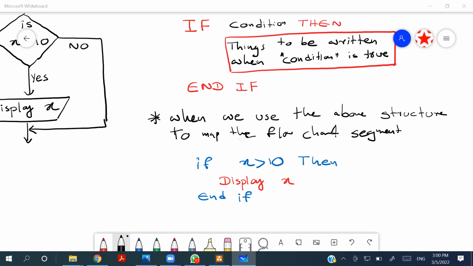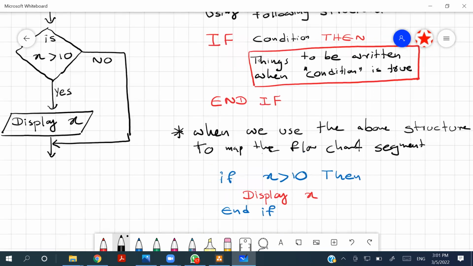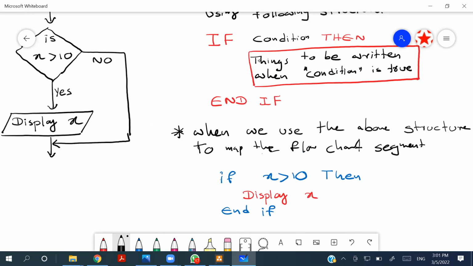Yeah. Denuka, for the moment, we have nothing to do if not, because our no path is empty. So we don't need to think about the if not path for this particular segment. We will discuss that as situation number 2. So copy it down quickly, people.